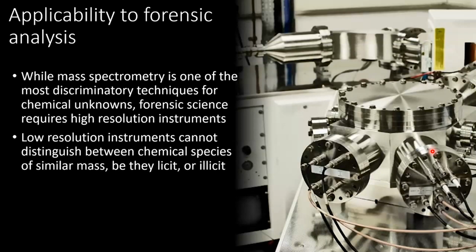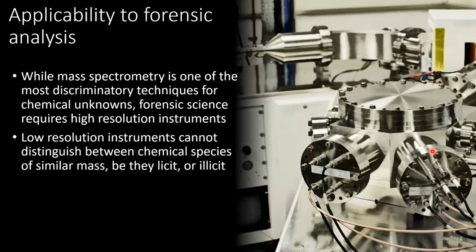So in terms of applying this technique to forensic analysis, while mass spectrometry as a whole is one of the most discriminatory techniques for figuring out what a chemical unknown is, for forensic science, you really require a high-resolution instrument.